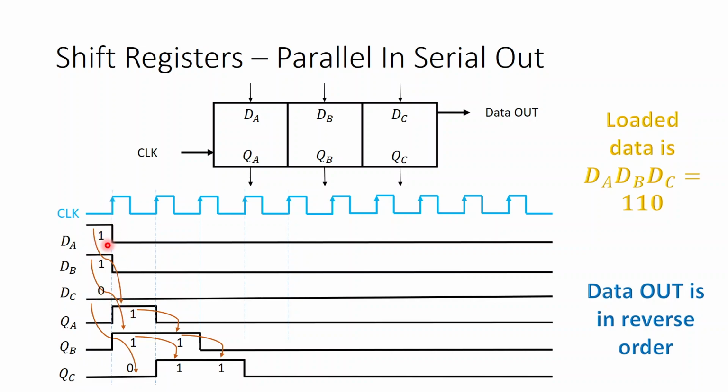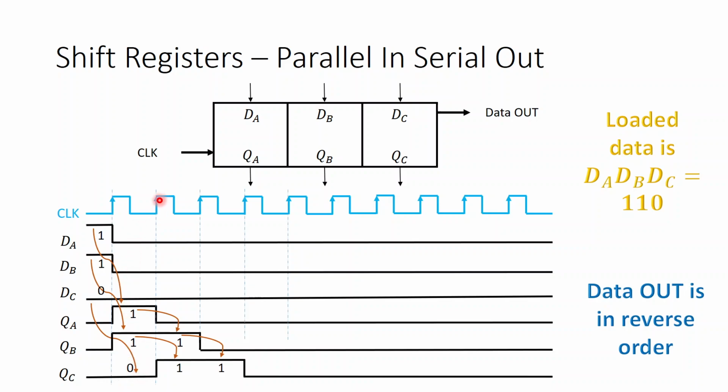Now you see DA is going to affect QA. So at the first clock cycle, this 1 will come at the output QA. DB is going to affect QB. So this 1 comes here in QB at the first clock edge trigger only. DC is 0, this 0 comes here at the first edge trigger. That means this doesn't change basically, but here it is.